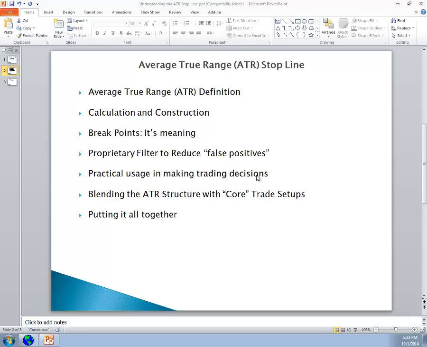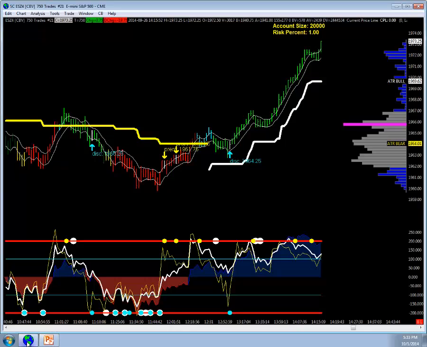Now in the next sequence, we're right at an hour, so I'm going to take maybe about another 10 minutes and we'll end there. What I wanted to do, essentially putting it all together, is blend the ATR structure with our core trade setups. So let's go to the charts. I've moved the chart over a little bit so I can identify some of our key setups here.